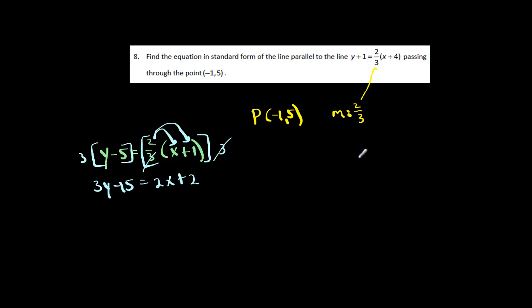So remember, the standard form is ax plus by equals c. So we want all the x's and y's on the left. So I'm going to move this over and this over here. So when I move it over, I'm going to have negative 2x plus 3y equals. If I add 15 to 2, I get 17.